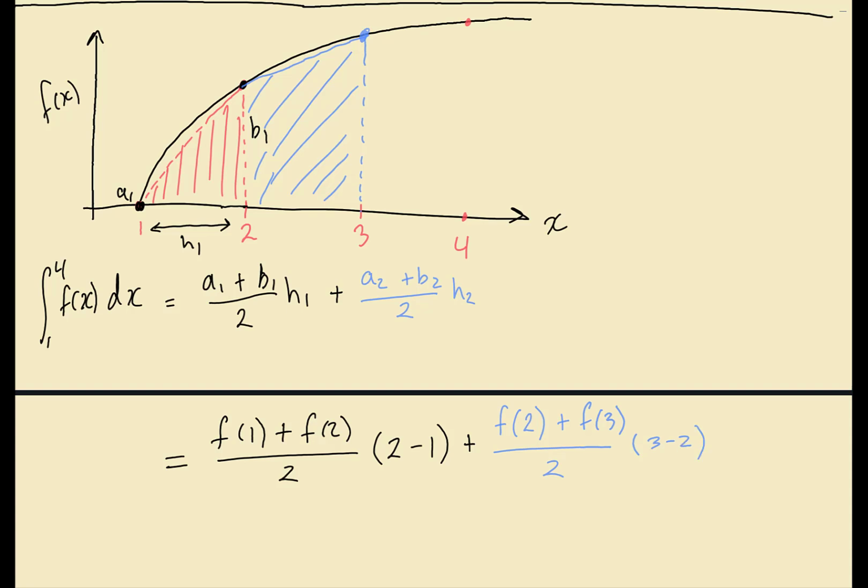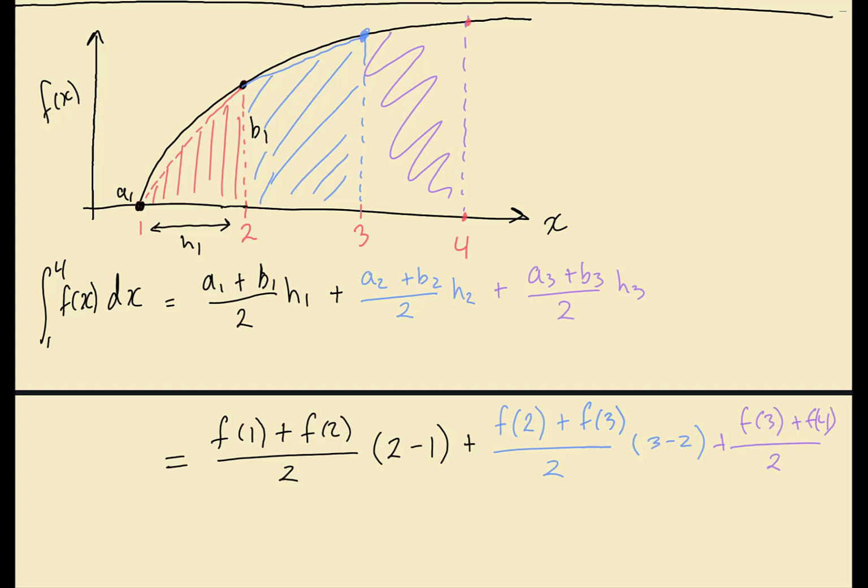And then we have one more segment, this last segment here. And this would be plus (a3 plus b3) divided by 2 times h3. So this would be (f at 3 plus f at 4) divided by 2 times 4 minus 3.